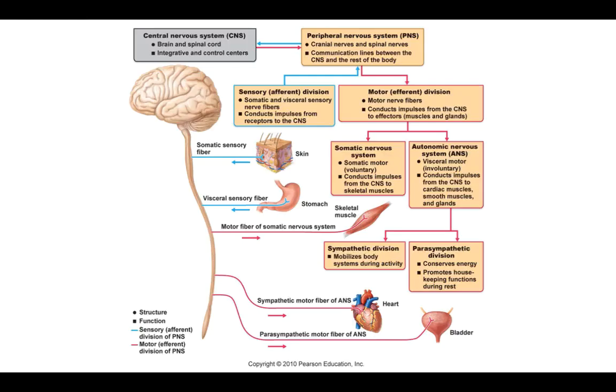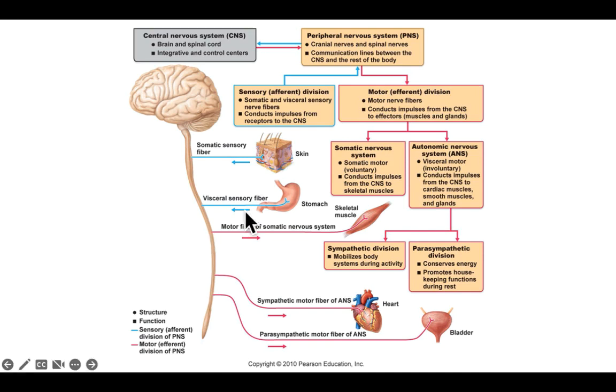This is another diagram, a little more detailed yet again, but I think it does a pretty good job of giving you the big picture. So how this diagram is laid out is you have your CNS here, brain, spinal cord. We see in blue is the sensory. So there's your somatic, coming from primarily your skin senses, but also special senses.